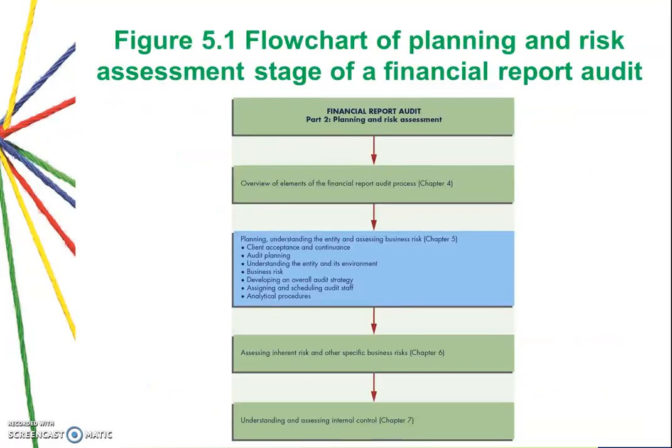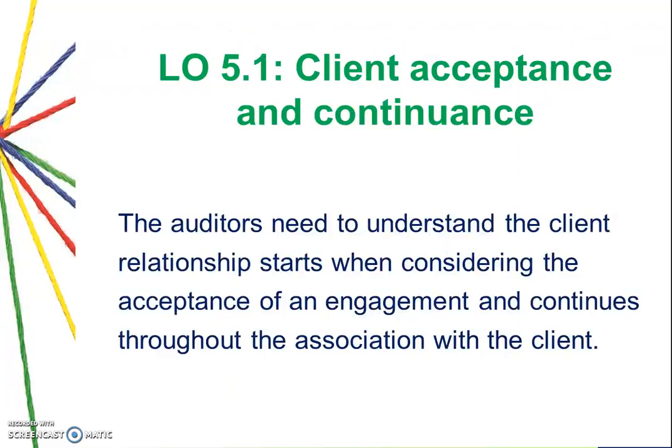Here is where our Chapter 5 stands in the whole financial report audit process. This is learning objective 5.1, client acceptance and continuance. The emphasis here is on the steps in accepting a client, discussing client evaluation procedures, and communication with the previous auditor.